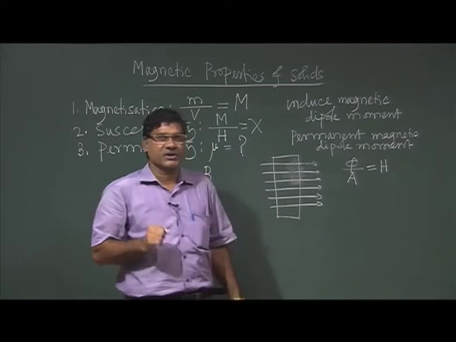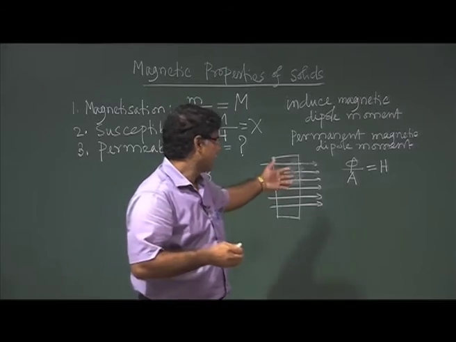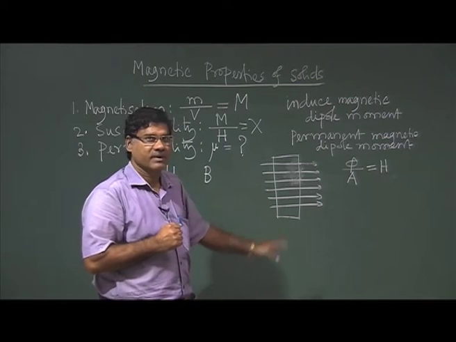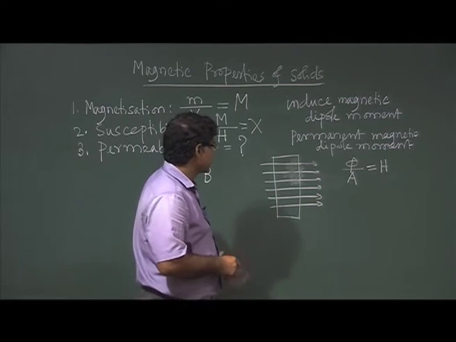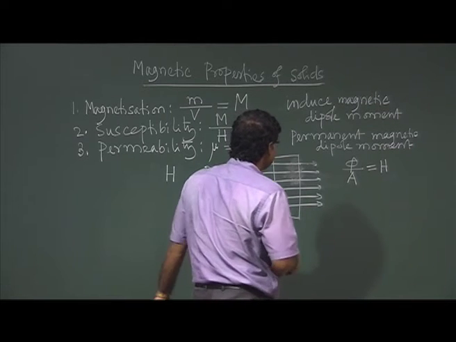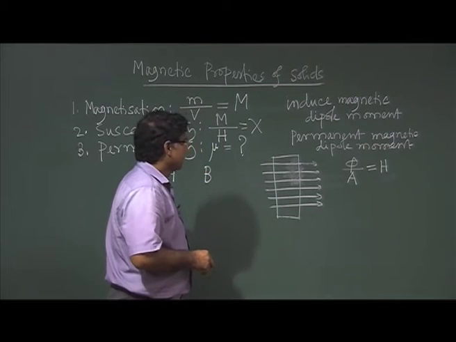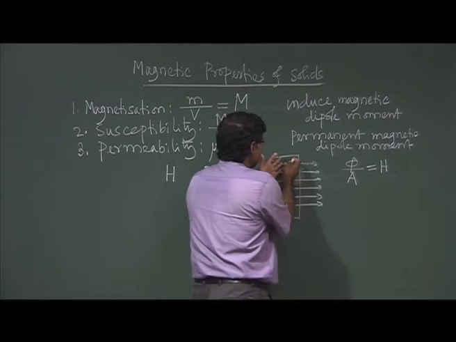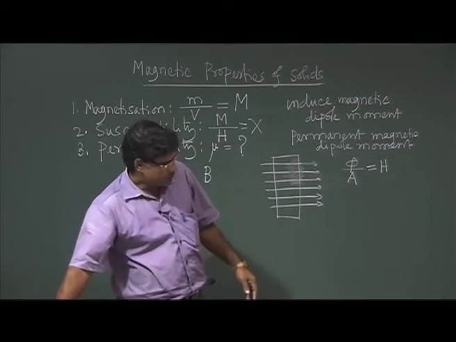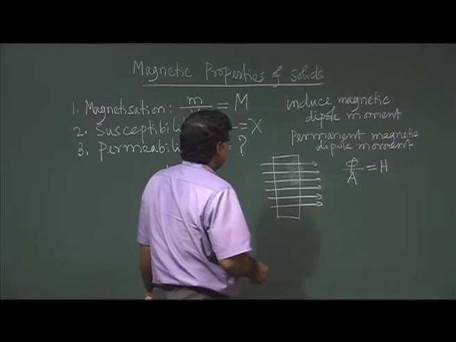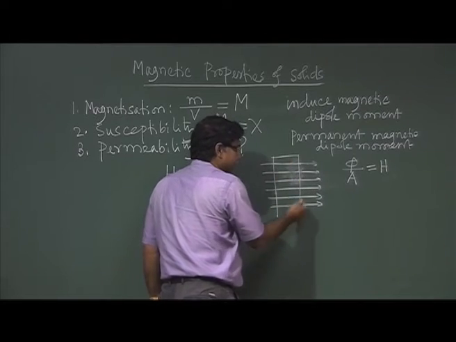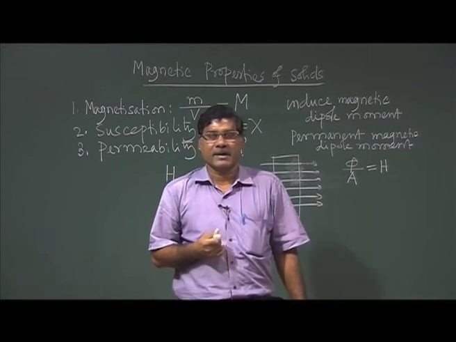The density of flux per unit area will not change. But if it is magnetic material, then the lines of force change, because this magnetic material will be magnetized by this magnetic field, and so it will behave like a magnet.